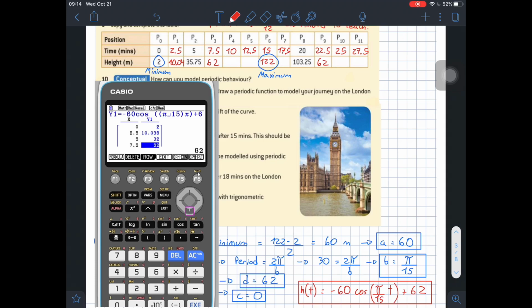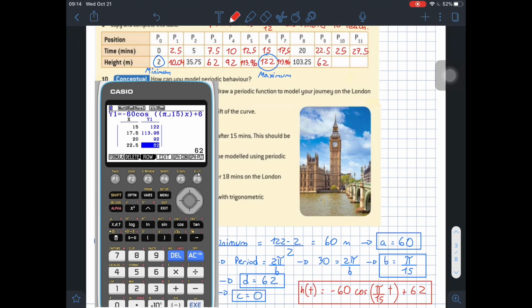Then P4 occurs at 92 meters, and we have P5, which is 12.5 and 113.96. Then we have P6, which is the maximum height. P7, which again are repeated values, you see, 113.96. Then P8 would be, what happened here? P8 says 103.25. I think that's a mistake there.